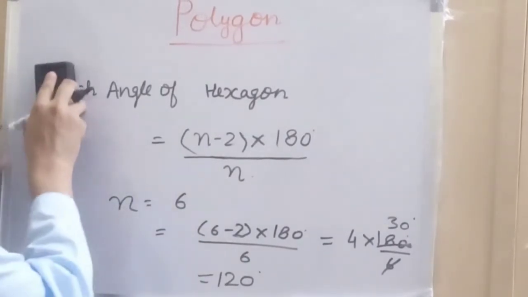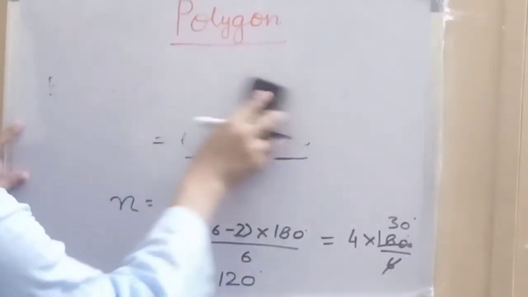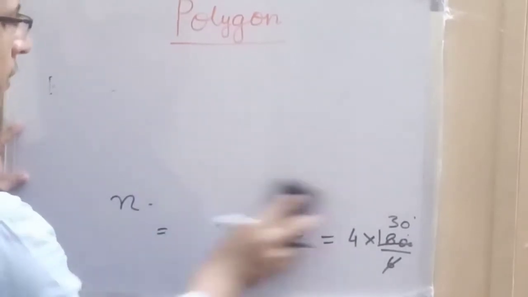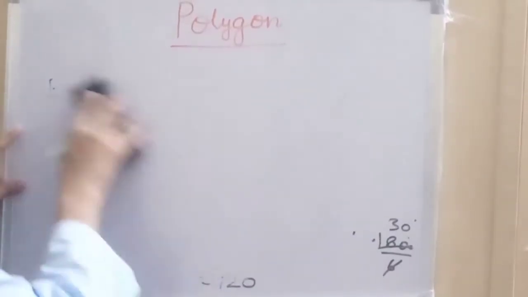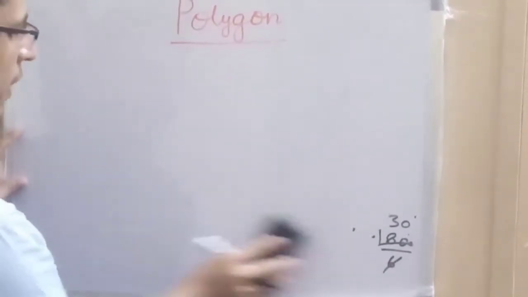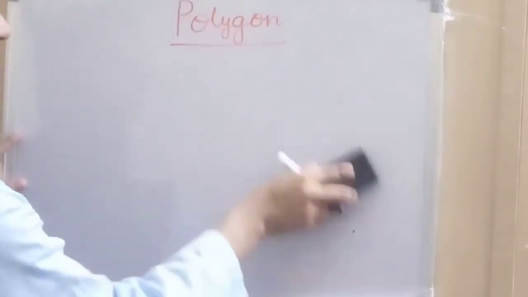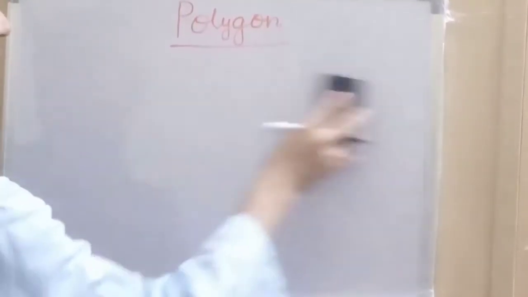Now we will discuss how we can construct a regular polygon by angle method, using the angles we have found. Suppose we are considering a triangle, that is an equilateral triangle.